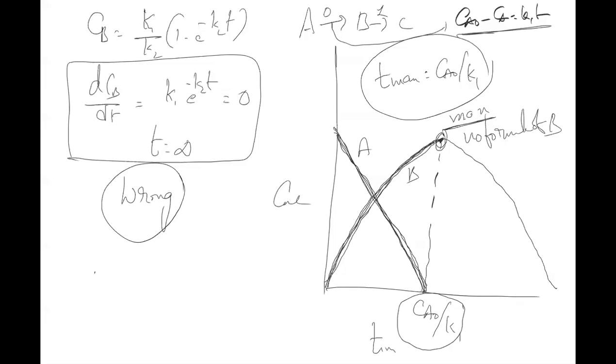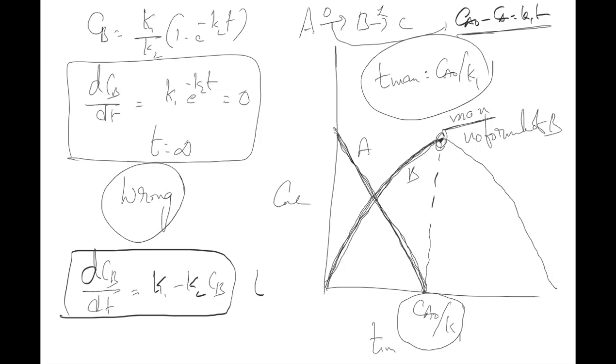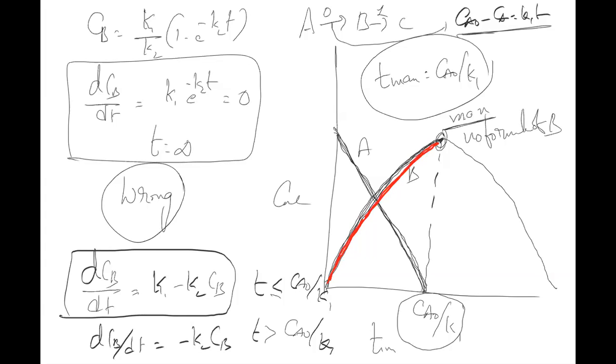Because if you see the dCB by dt equation that you have written, dCB by dt equal to K1 minus K2CB, this is applicable when t is less than CA naught by K1. Whereas dCB by dt is simply minus K2CB when t is greater than CA naught by K1. So this profile is from this equation only. Later on, your decreasing profile has to come from this other equation.